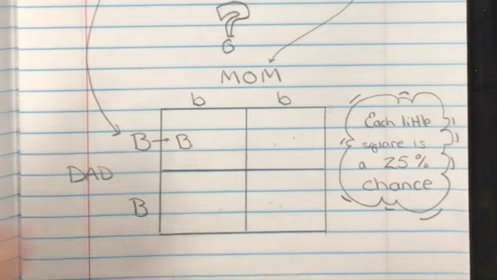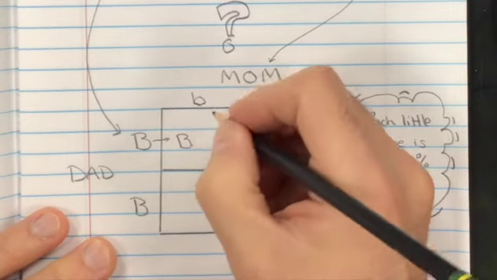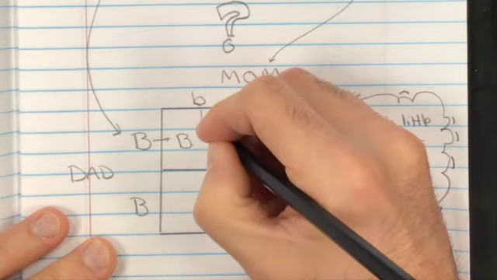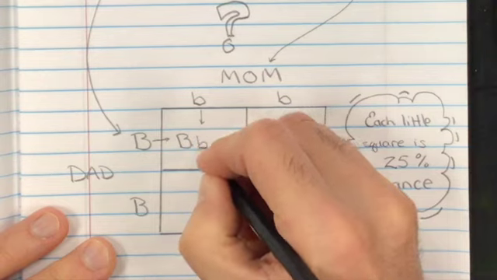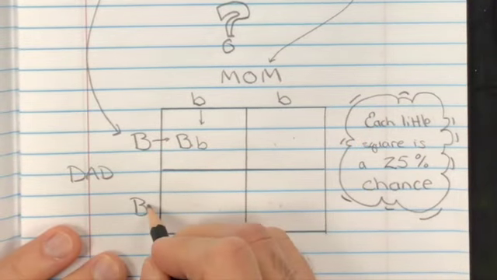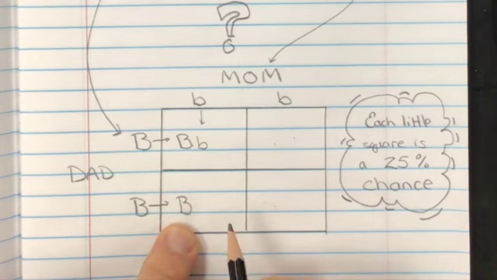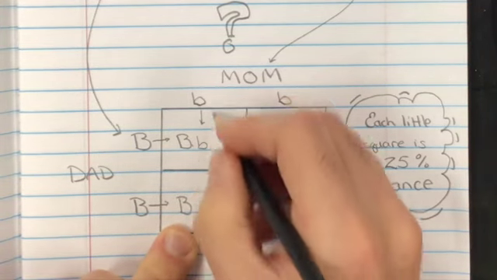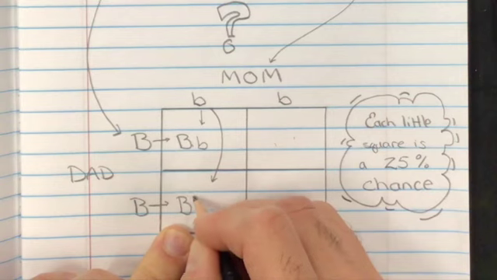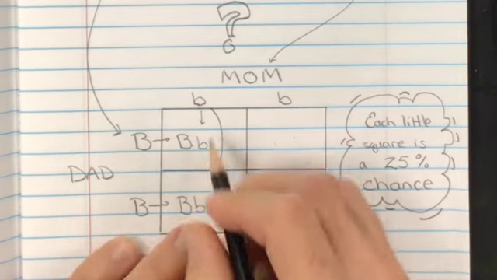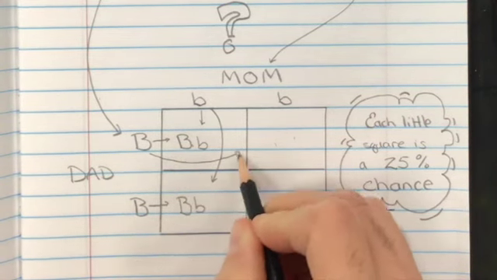He could contribute a big B, a dominant gene. Mom could contribute a recessive gene. Dad could contribute a big dominant gene to the child. Mom could contribute a recessive gene. Dad could contribute a dominant gene.